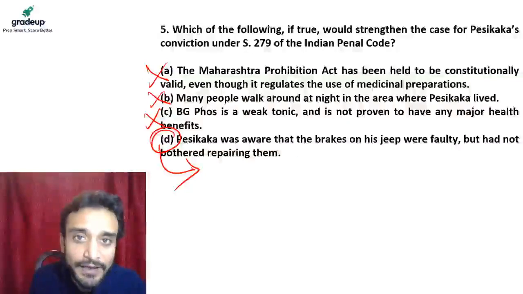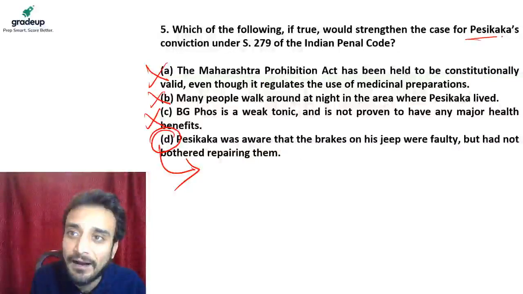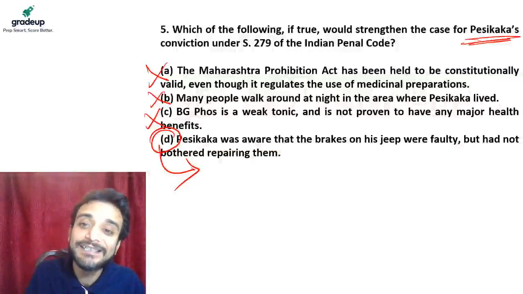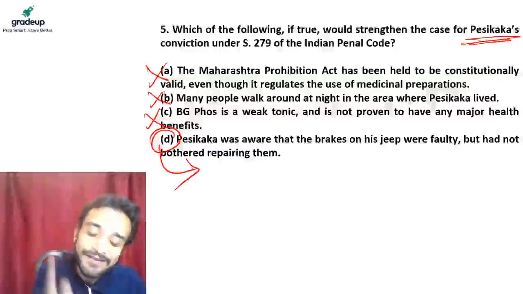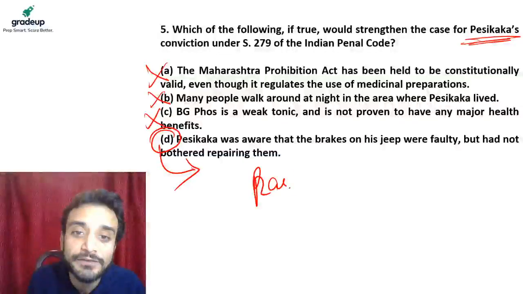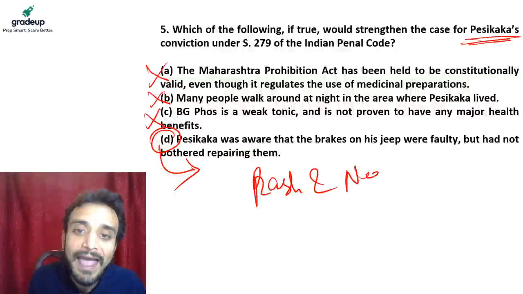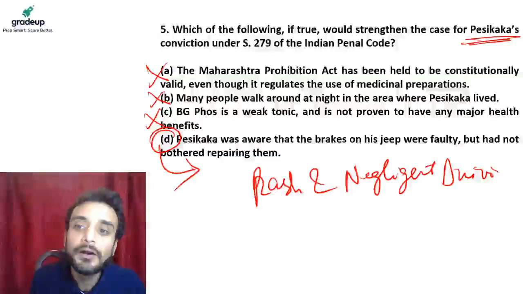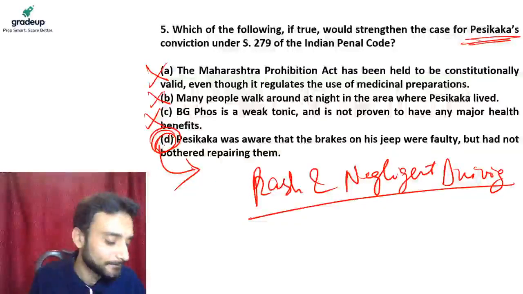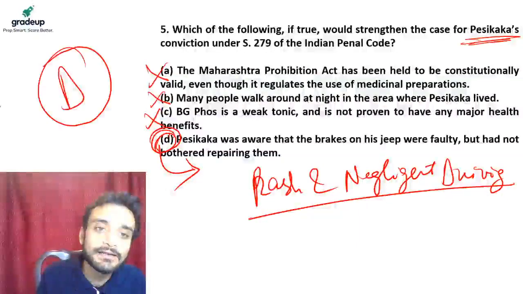If he knew that his brakes were faulty, but even then he did not bother repairing them, he would be convicted for rash and negligent driving. Am I clear? So your correct answer is option D. Option D is the correct answer.